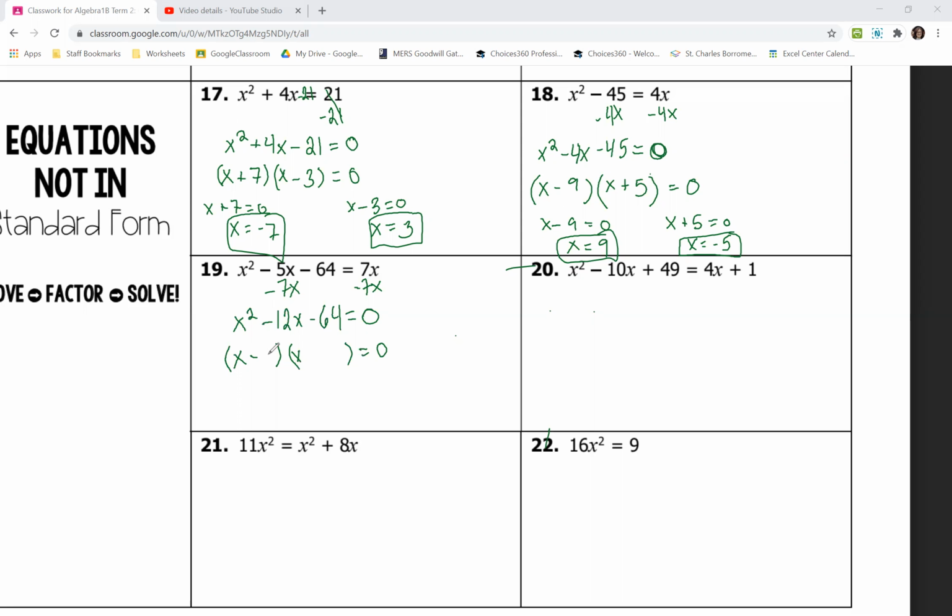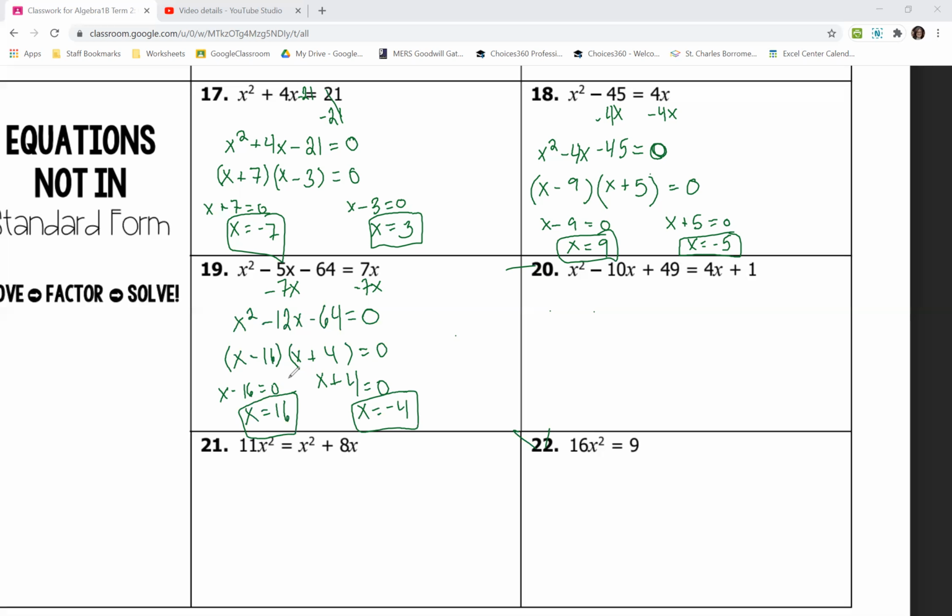Maybe 16 and 4, negative 16 and positive 4. Okay, I think that works out. So set each piece equal to 0. And then x plus 4 equals 0. So you have x equals a positive 16 or x equals a negative 4. So either one of these values satisfies my quadratic equation.